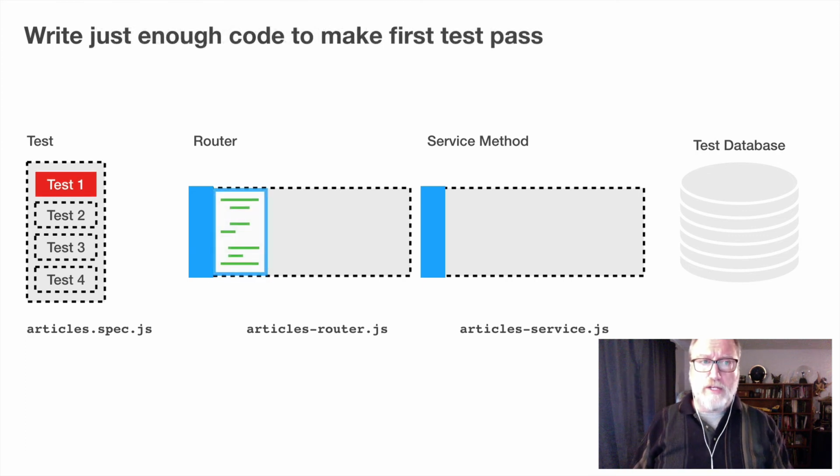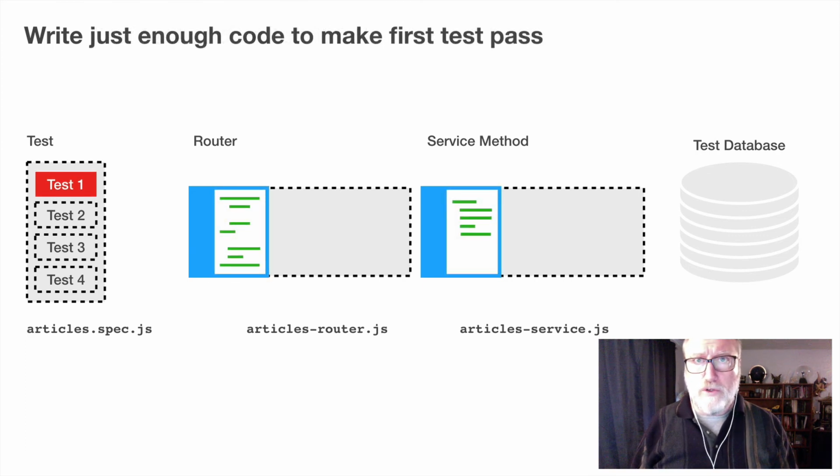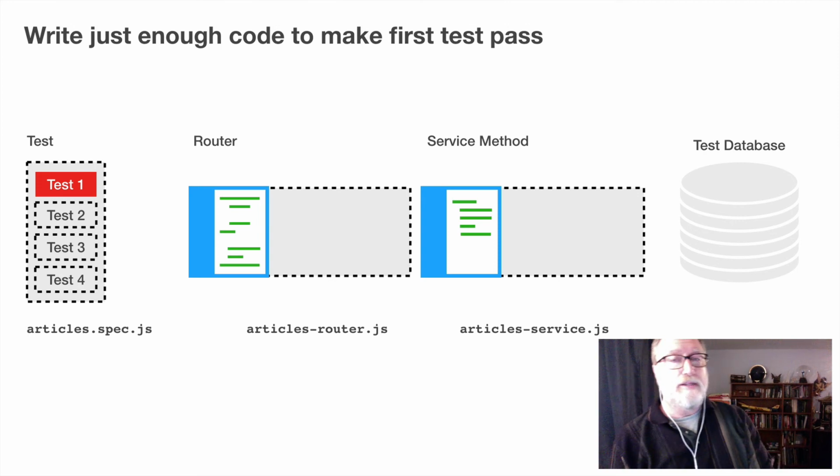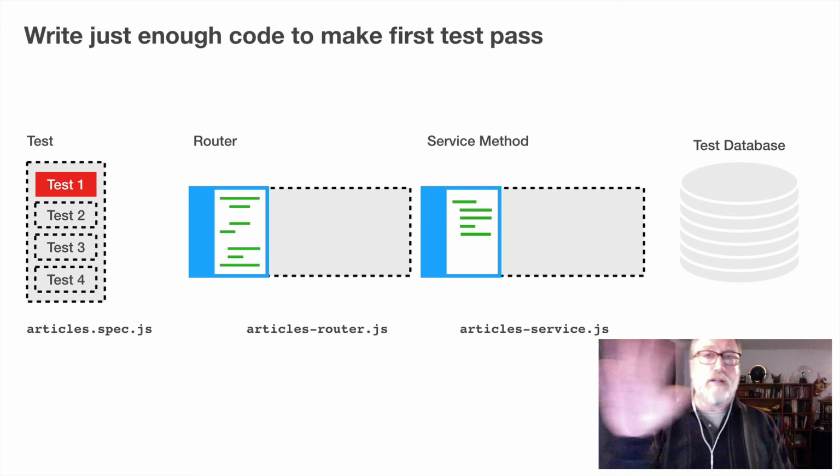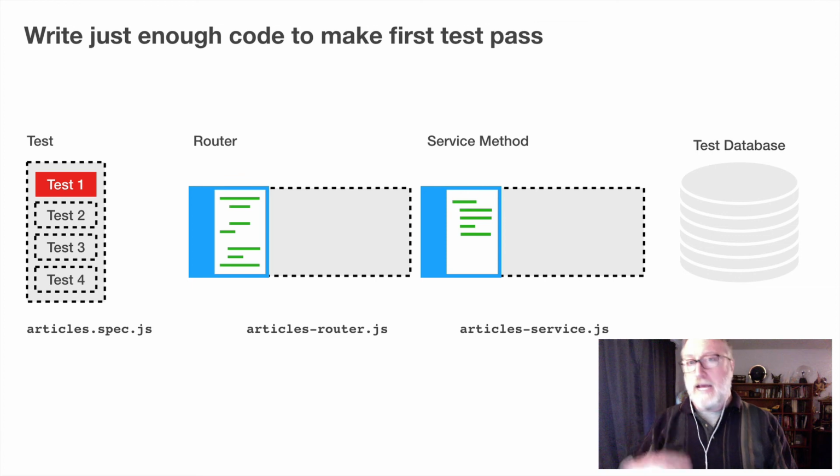So you go in and you write whatever code you need to make the first test pass. You add the endpoint in the router. You put in whatever validation code is required by this particular test, not all of it, just this particular test. And then in your service object, you create the method that the router uses to talk to the database.